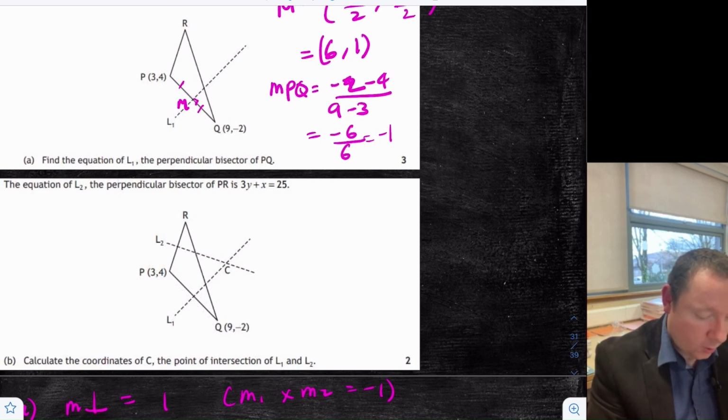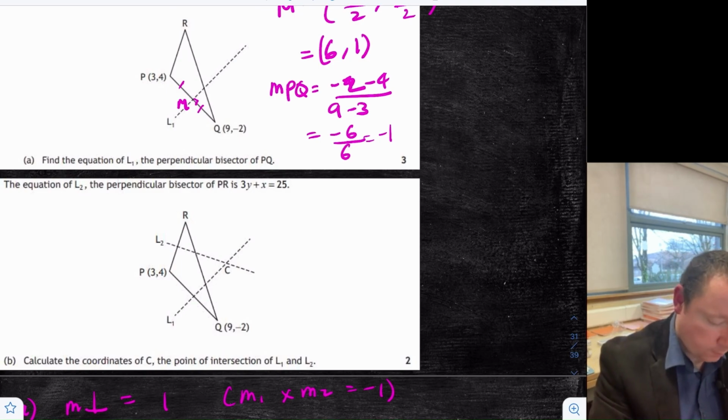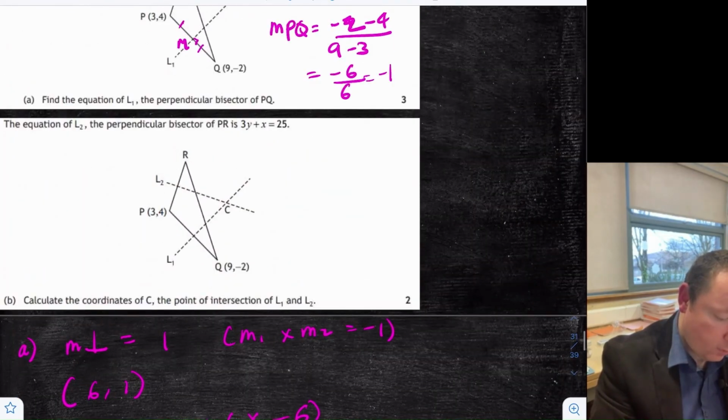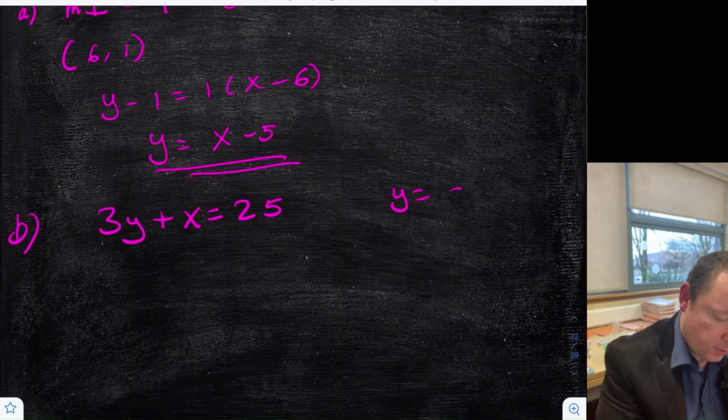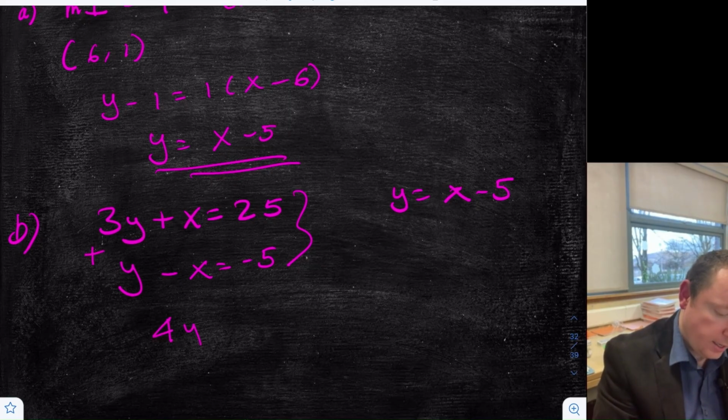Find the coordinates of the point of intersection between L1 and L2. So 3y plus x equals 25 is one equation, and y equals x minus 5 is the other one. So making this one look the same, we would have y minus x equals minus 5. Because the y and x are on both sides, we can add them together to get 4y equals 25 minus 5, which is 20.